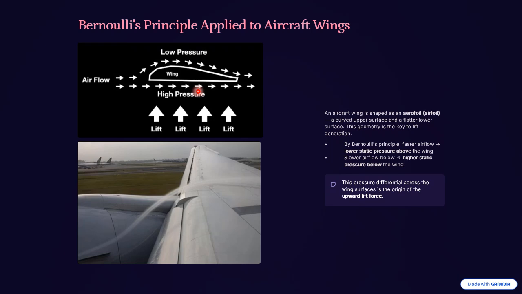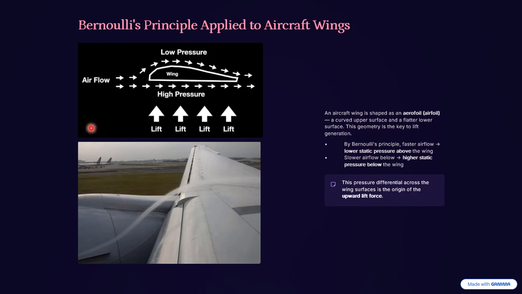As we all know, nature always tries to balance the pressure difference. Because of the higher pressure below and lower pressure above, an upward force is produced, which is basically called lift. And this lift is what allows the aircraft to rise and remain in air.